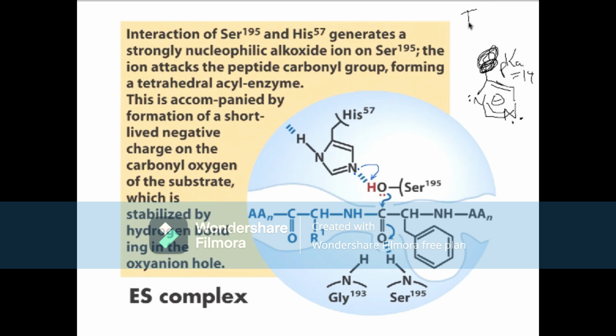The pKa of imidazole, just free imidazole, is about 7. 6.95, we'll call it 7. Okay, and in histidine it's about 6. So you can see the huge pKa shift by deprotonating the imidazole.